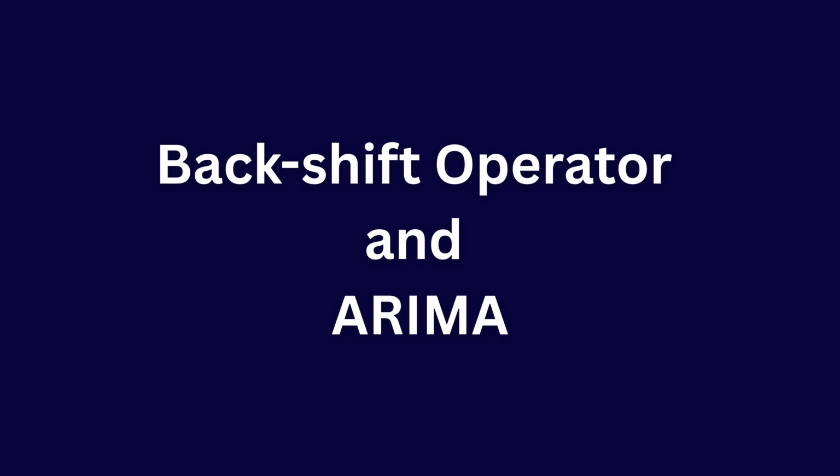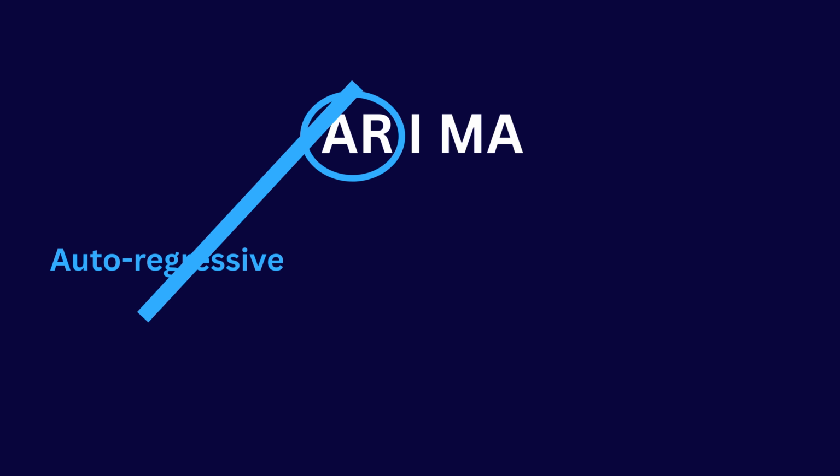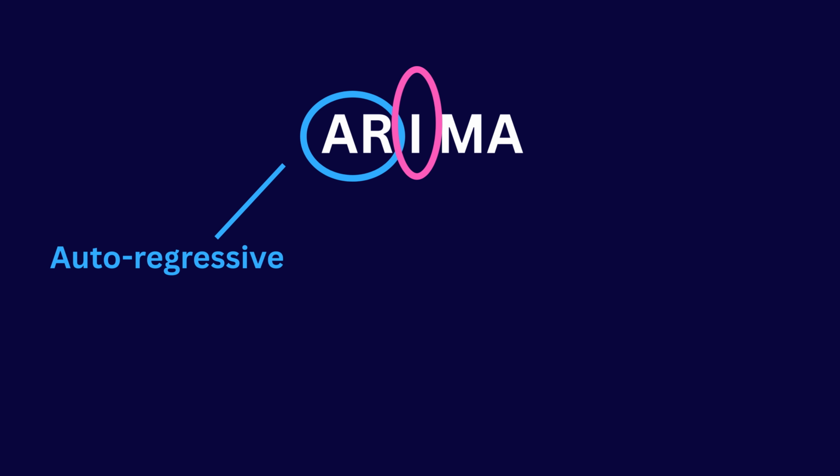Today we are diving into a key concept in time series analysis, the backshift operator and how it is used in ARIMA models. What is ARIMA? ARIMA stands for Auto-Regressive Integrated Moving Average. AR, or auto-regressive, means the current value of the series depends on its past values. I, or integrated, refers to differencing the data to make it stationary.